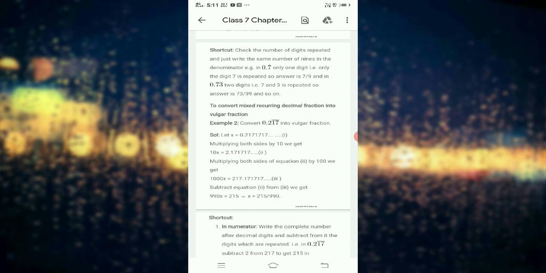990x equal 215. Then x equals 215 upon 990. Dear student, for this also there is a shortcut. You should learn it. What is the shortcut? Let us see.